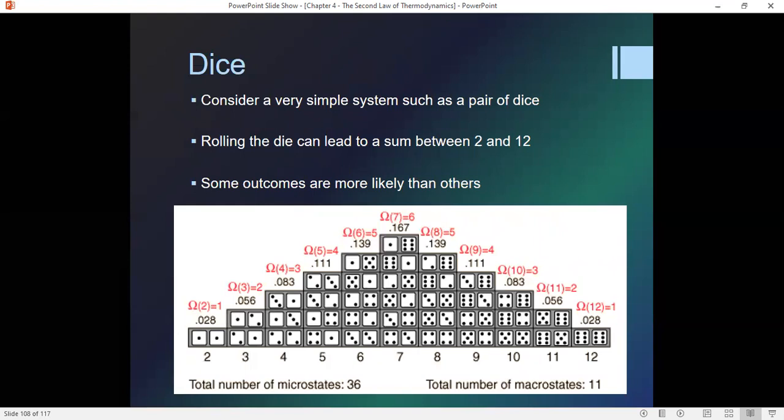But in any case, if you look at the possibility of rolling different numbers, if you roll two ones, the sum of the two is going to be 2. If you roll a 1 and a 2, the sum will be 3.